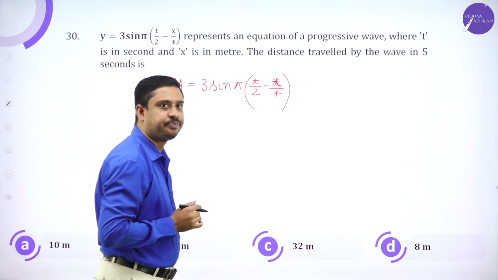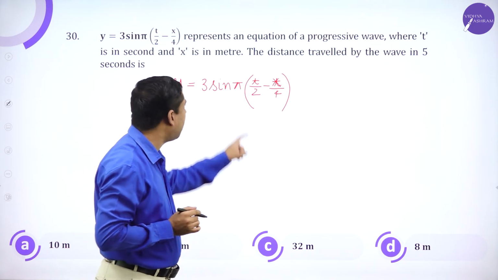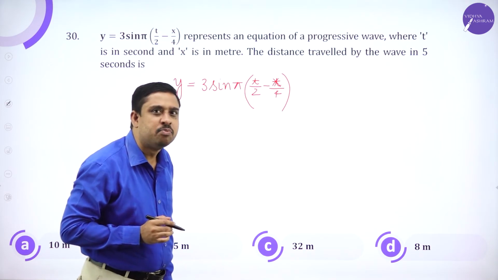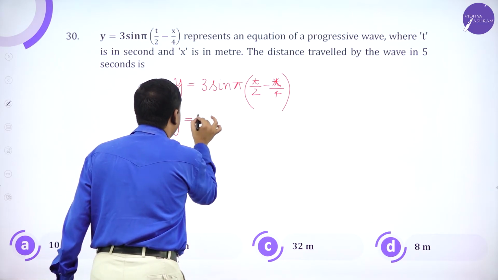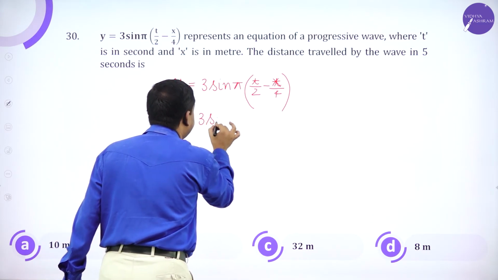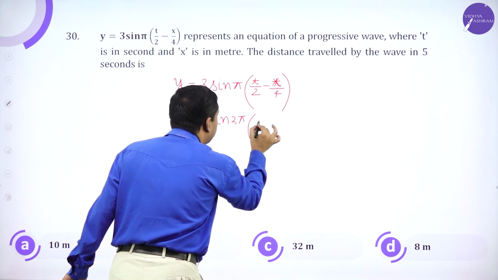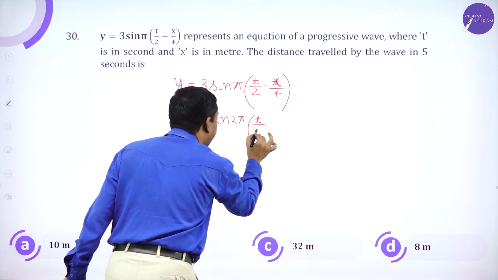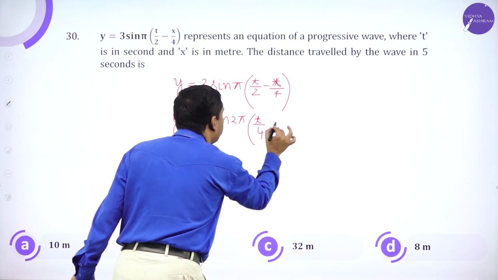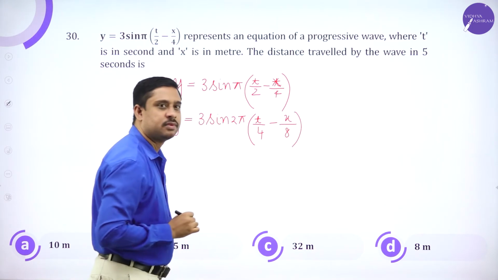This is given. Is it in the standard form? No, so a 2 pi is missing here. So multiply and divide by 2: 3 sine 2 pi t divided by 2, I have multiplied, so minus x by 8.